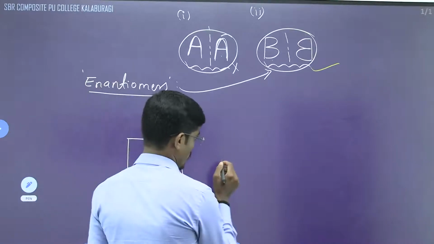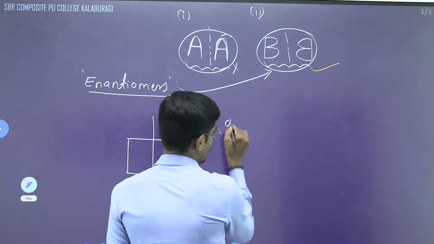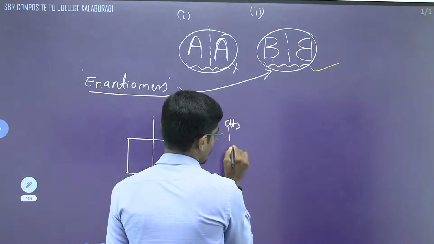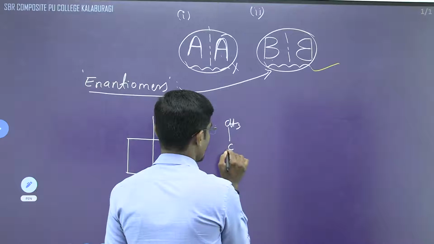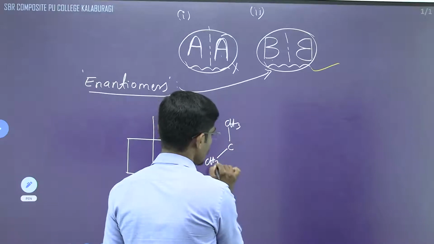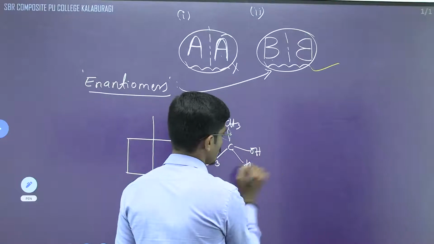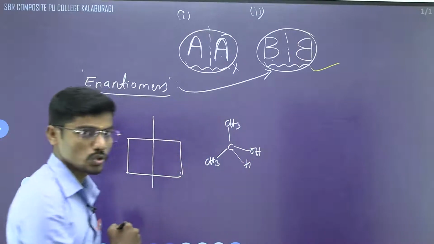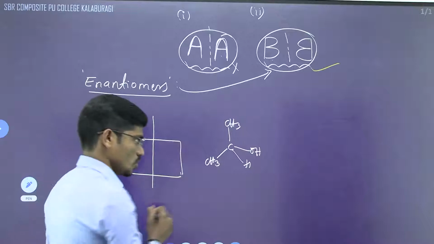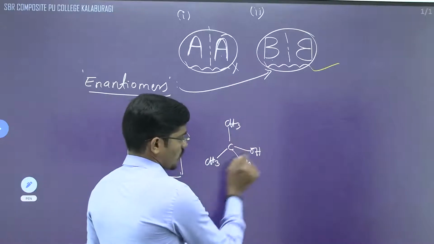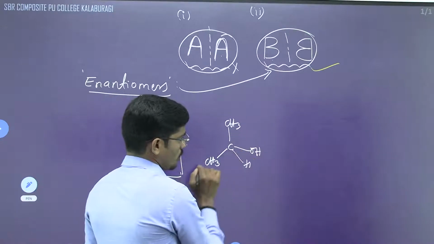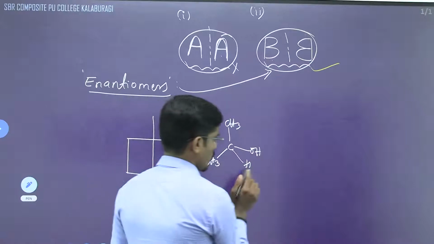Let us consider a few examples. CH3, C, CH3, H and OH. That is 2-propanol. Propane, 2-ol, 2-propanol.